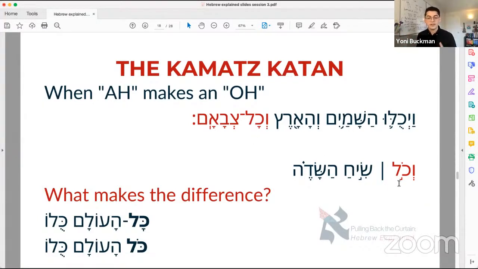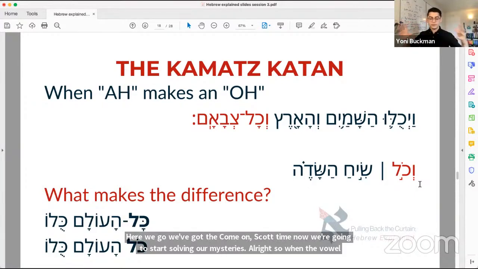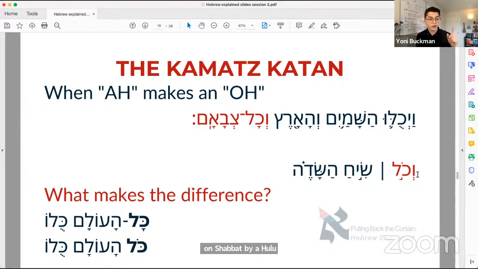Now we have the same word here. This is also in Genesis, when God is creating the vegetation. And you have v'chol, same word, sounds pretty much the same, but here you don't have the kamatz under it. You have the cholam, the dot above. So what's the difference?